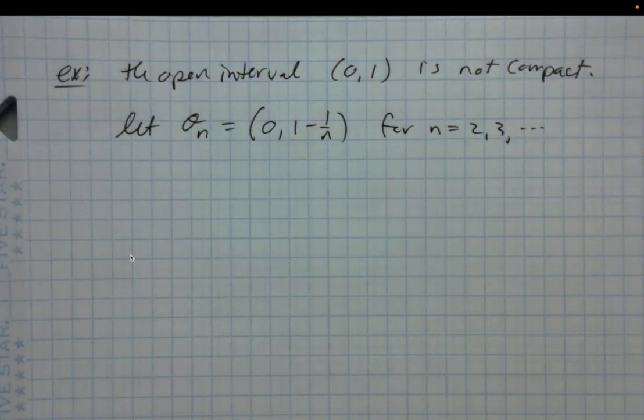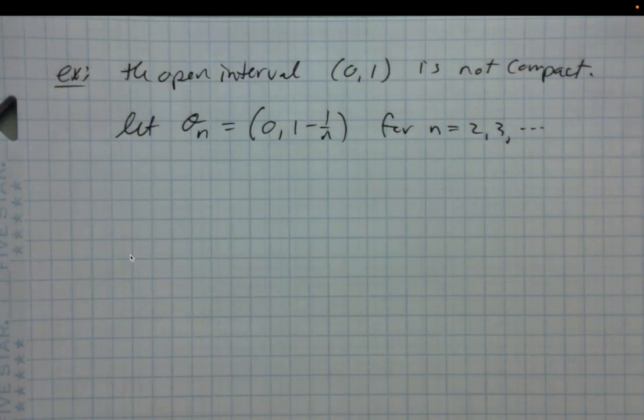Okay, but it turns out that it's not possible to identify a finite subcover using this example of open intervals. We can easily see this because we can generate a contradiction.